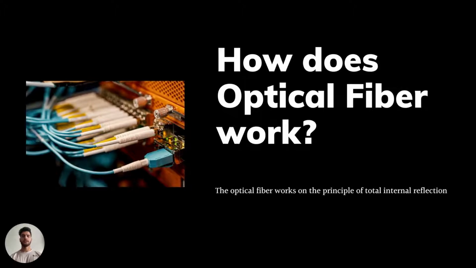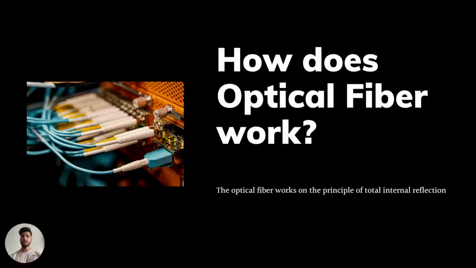Okay, so how does optical fiber function? The optical fiber works on the phenomenon of total internal reflection. Light travels down a fiber optic cable by bouncing off the walls of the cable repeatedly. Each light particle, that is, photon, bounces down the pipe with continued internal mirror-like reflection.